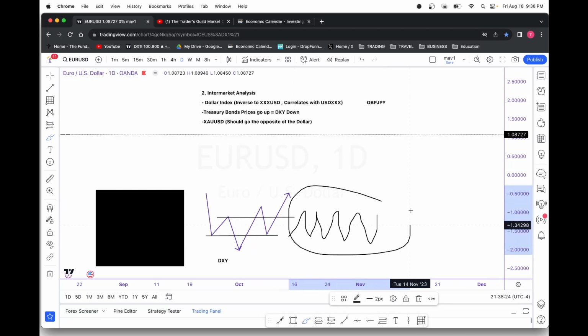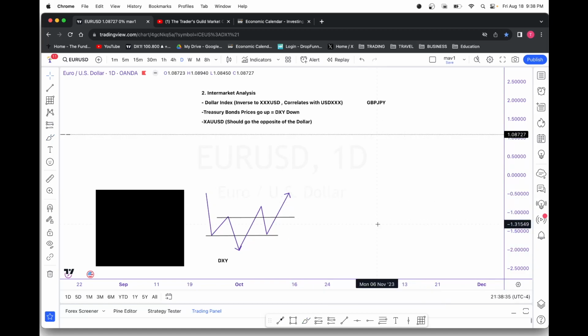So say the dollar is in a consolidation for a day or a week or whatever, that's when you'll typically see these be able to do what they need to do and trend a lot better, right? So that's something to take into consideration.